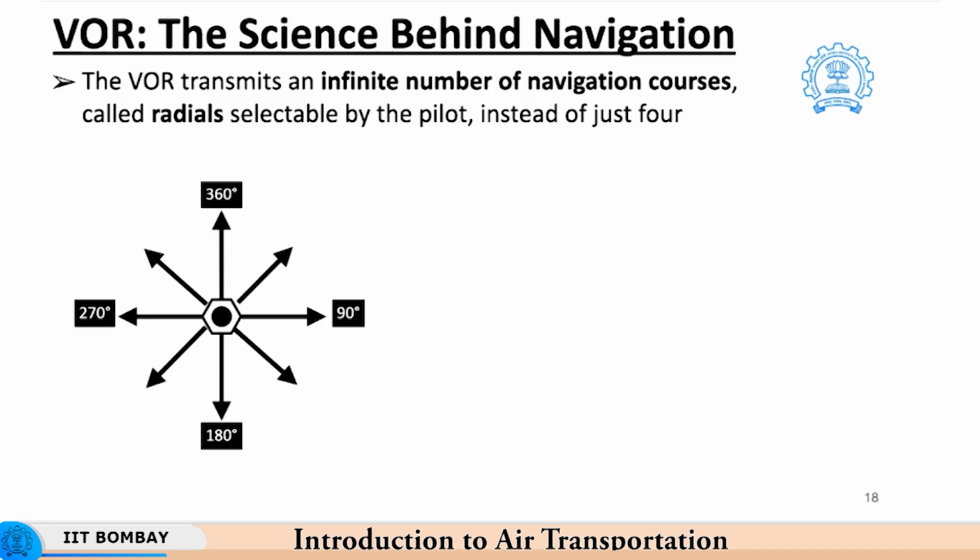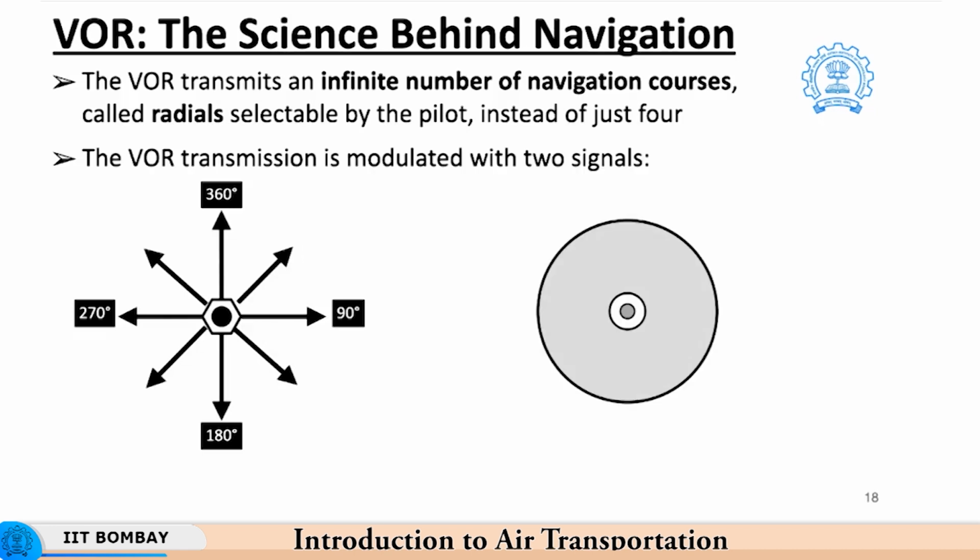Through the onboard equipment, when he is trying to home towards a VOR station, he or she can select the radial that he wants to follow based on the predetermined true course that he has planned. So these towers make use of two types of different signals.